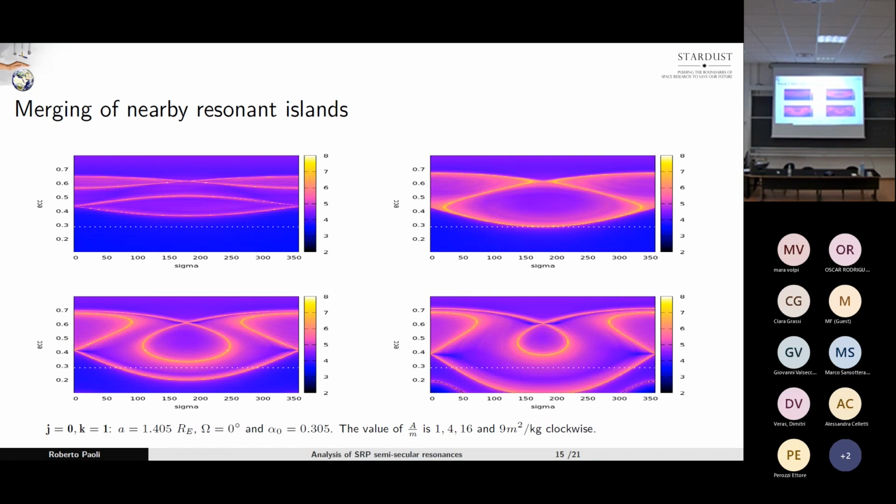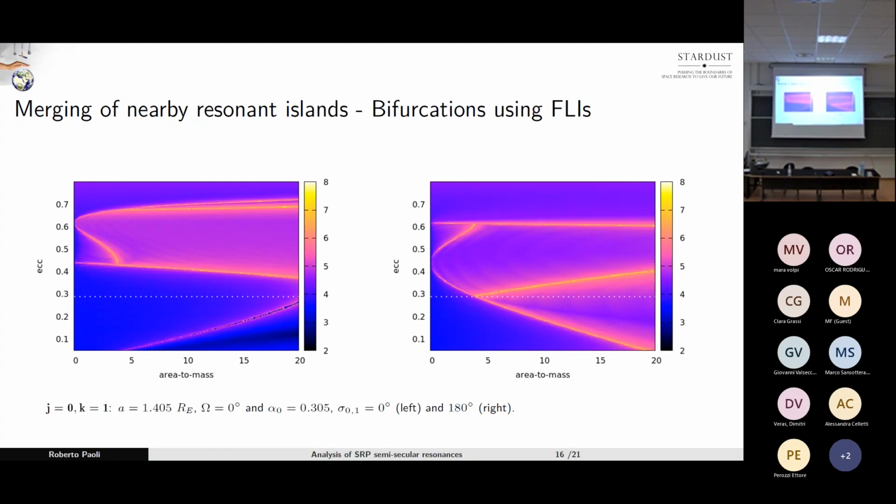But increasing the area-to-mass ratio, the resonant island could leak into the admissible region for the eccentricity. So even these resonances, especially at higher values of the semi-major axis, which are usually for highly eccentric orbits, could be relevant also for the smaller eccentricity cases.